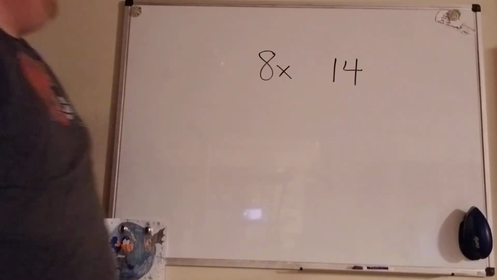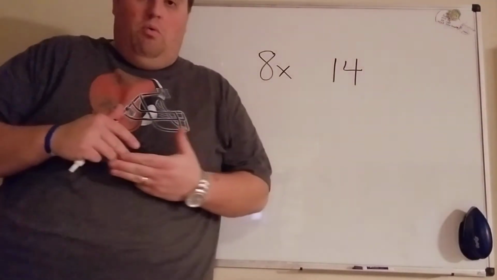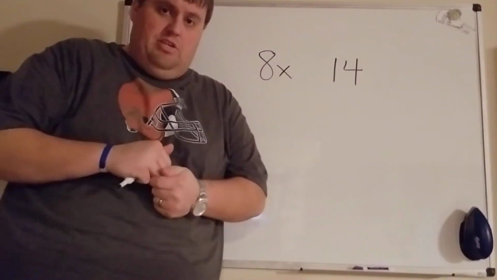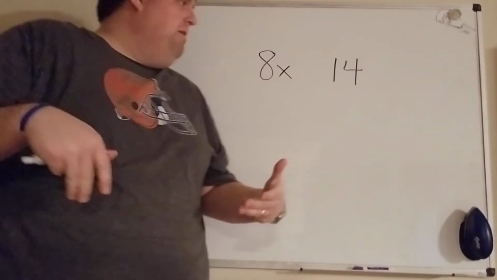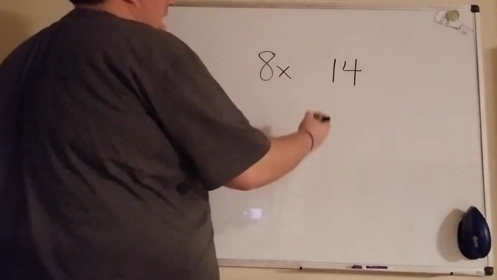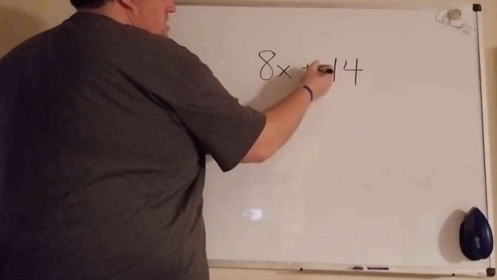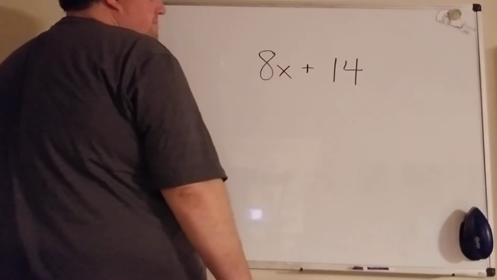All right, so if I have 8x and 14, and I want to know what's the greatest common factor here, what can I pull out of both? In fact, why don't we make this the binomial? So we'll do 8x plus 14.